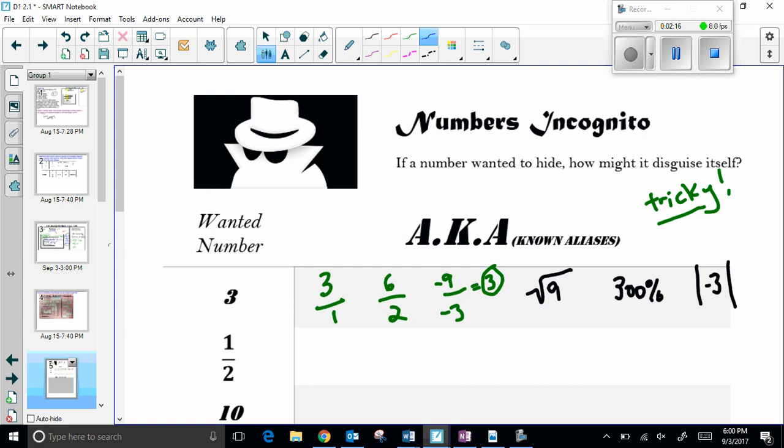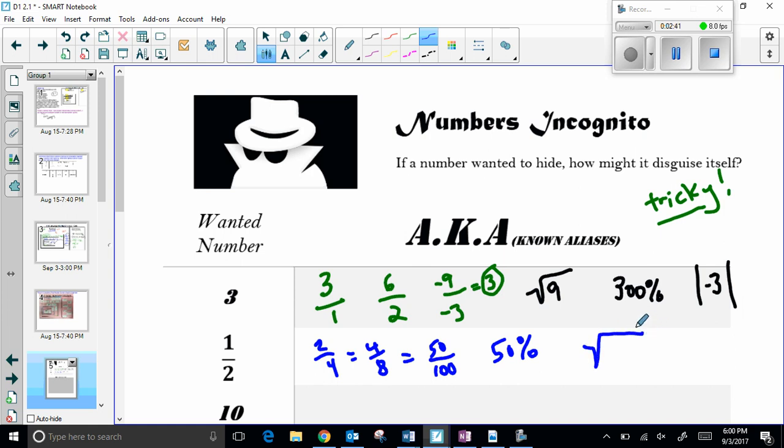1 over 2. 1 over 2 could be 2 over 4 or 4 over 8 or 50 over 100. We could even have 50%. But then I'd also like to point out that 1/2 could look like a square root. Okay?